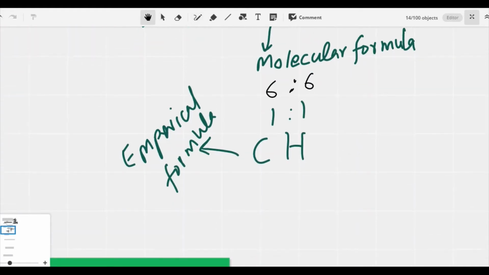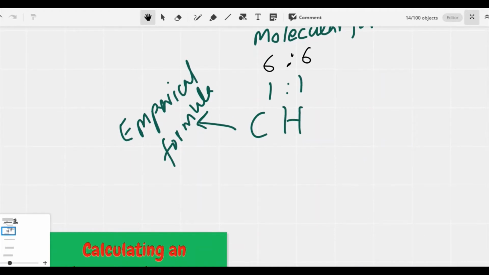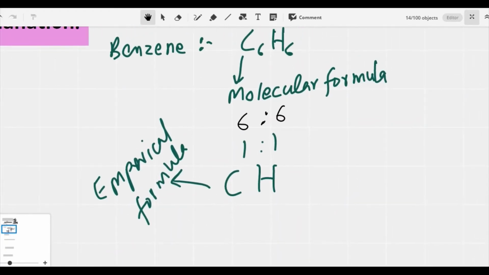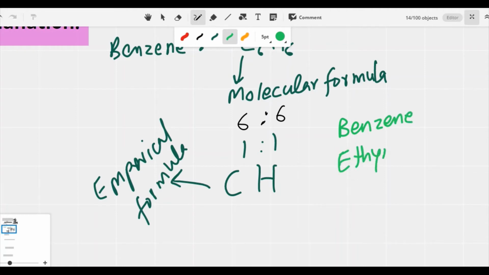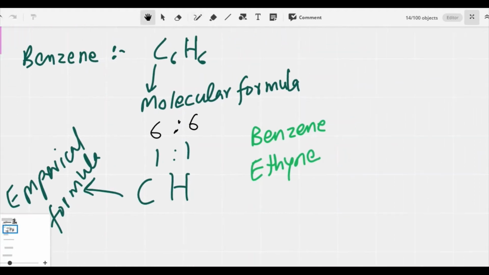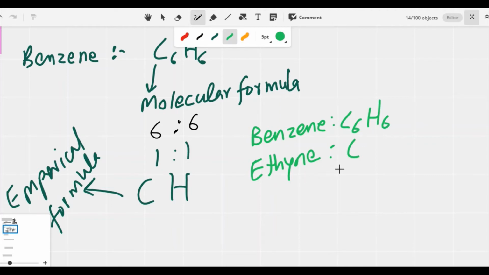In some cases the empirical formula and the molecular formula are the same, and in others they differ. For example, in the case of benzene and ethyne, the benzene molecular formula is C6H6, while the ethyne molecular formula is C2H2.